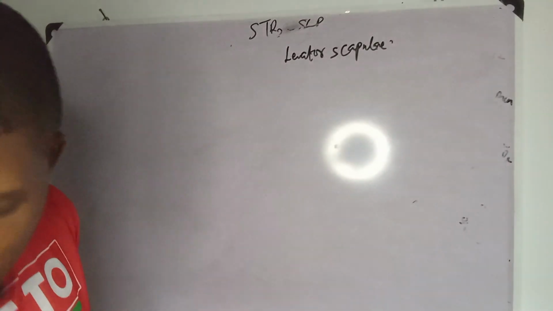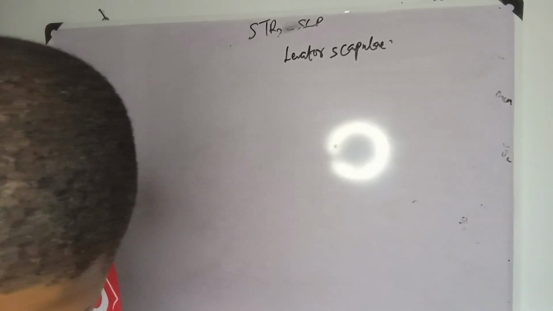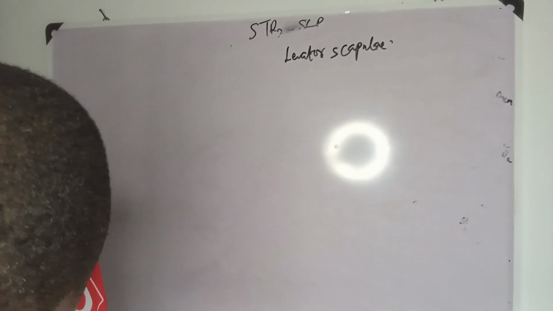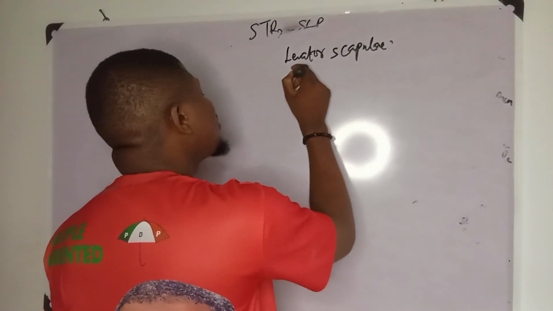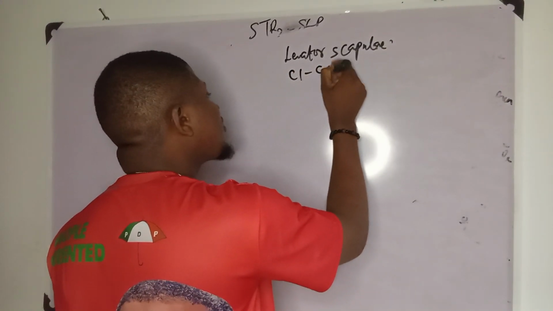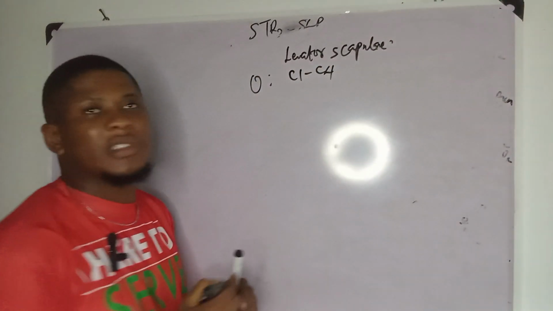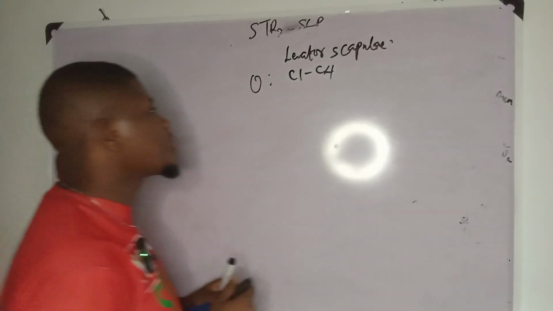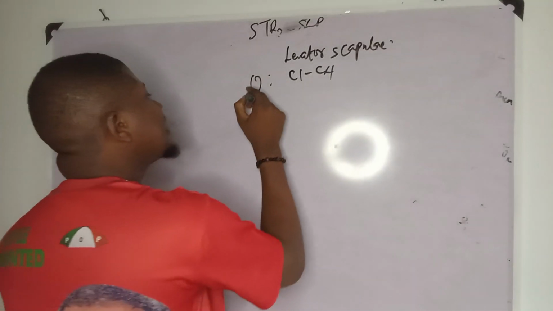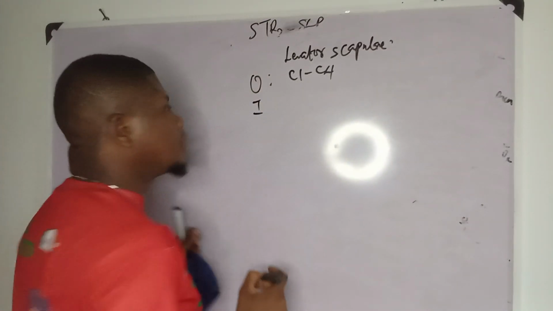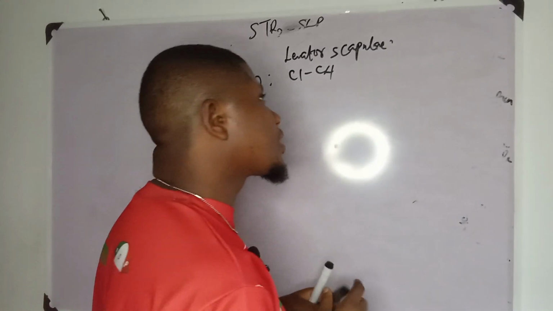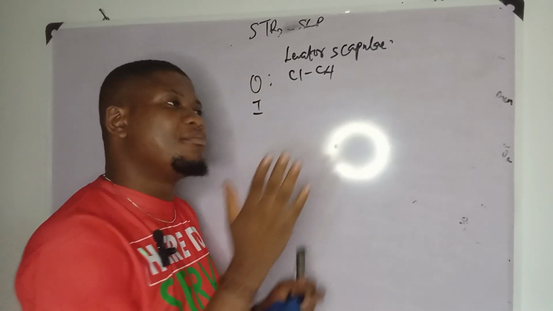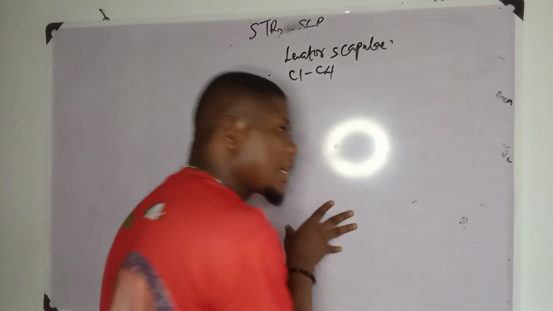Levator scapula originates from C1 to C4 vertebrae. That is the origin. Then insertion. Let's say, for example, if you come to the scapula, we have a medial border and a lateral border.